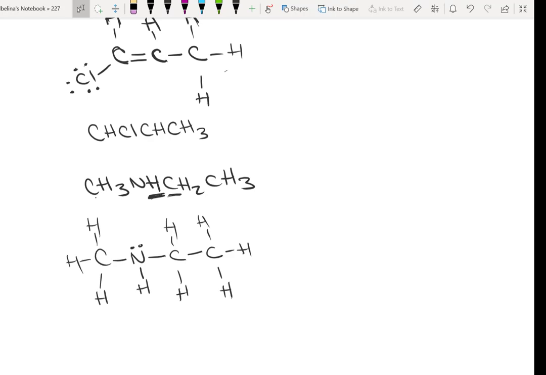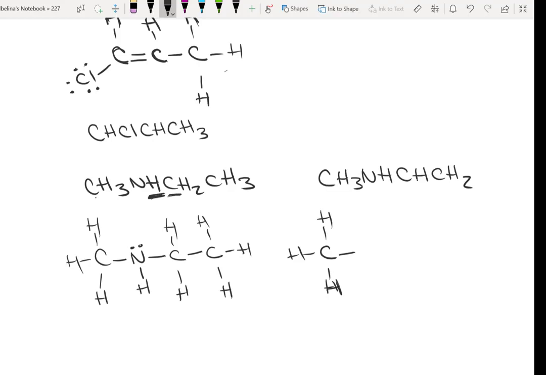Okay, so let's get again a little bit more complicated. So what if I had CH3, NH, CH, CH2? Okay, so I can start with the carbon on the left, satisfy its octet with 4 bonds. The 4th bond is to that nitrogen in the condensed formula.